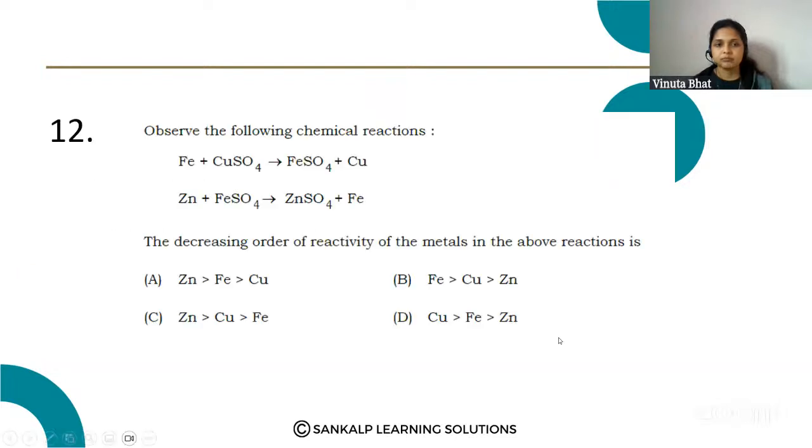Next question. Observe the following chemical reactions. When iron reacts with copper sulfate, iron sulfate is formed and copper is displaced.